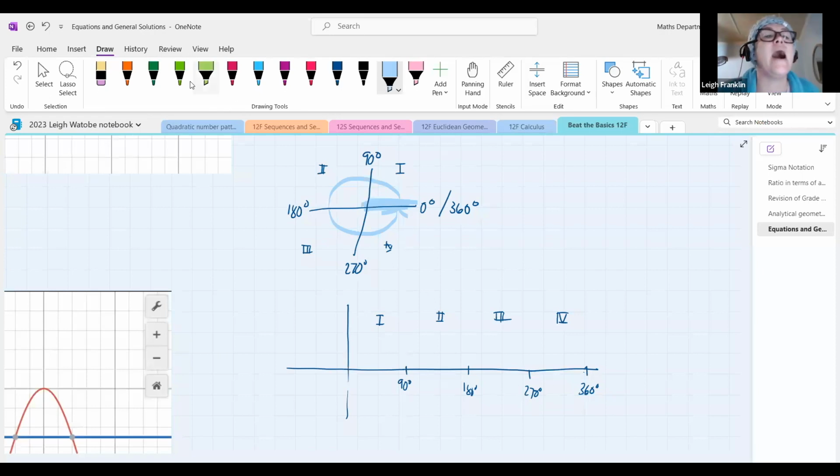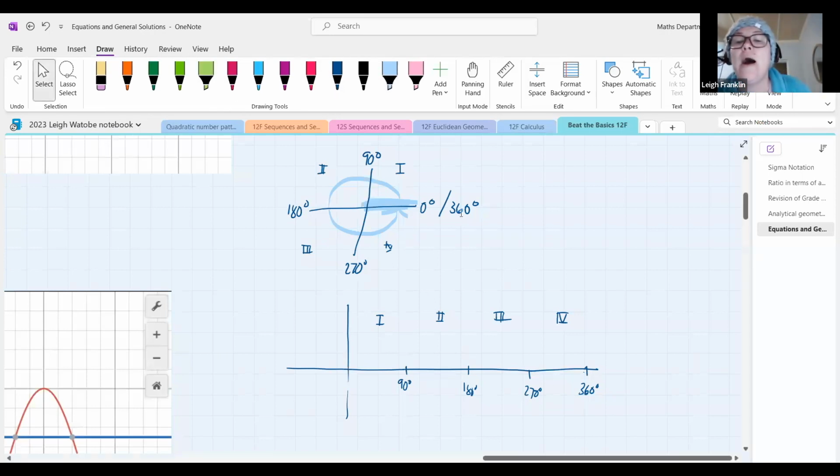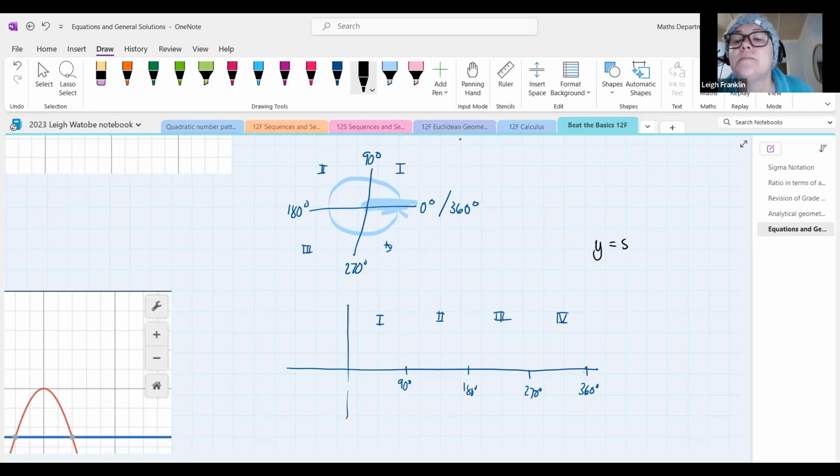So let's say I'm dealing with y equals sine x. This is what I've done. So up to 90, down to 180, there, and back to 360.